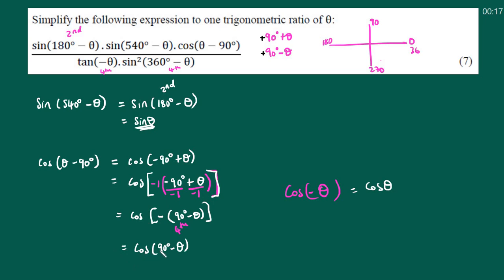Good people, now that it is cos 90 minus something, we can say that it should change to sine theta. You can see that this alone had a lot of working out that we need to do. So that's why I don't really do it on the fraction itself. I deal with it separately, then I come back. So don't forget to come back though.